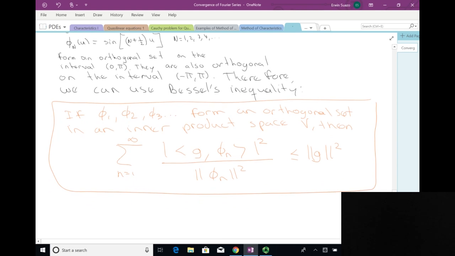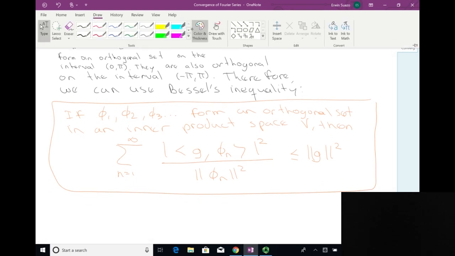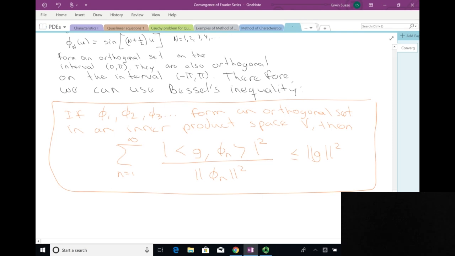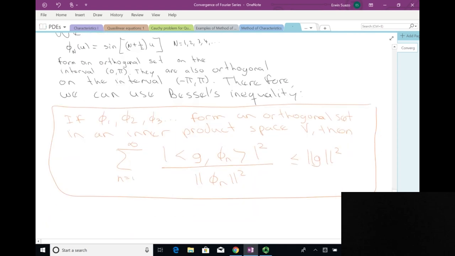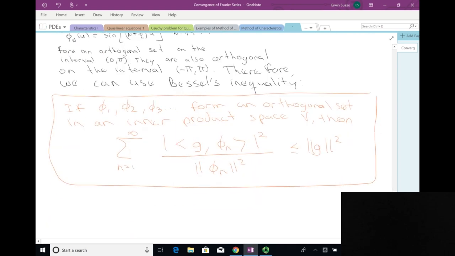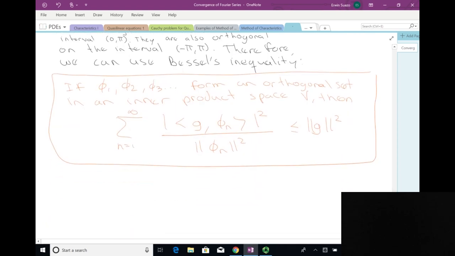So what is that useful for? We'll see it right now. So this is an orthonormal set, and it turns out we can apply this inequality. So by direct calculation, you can calculate it.